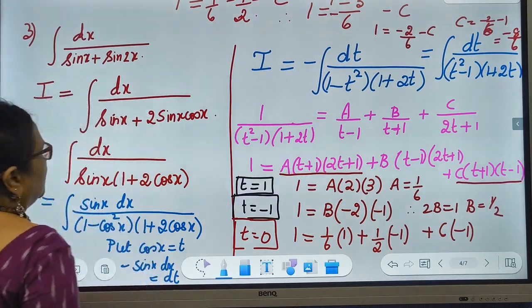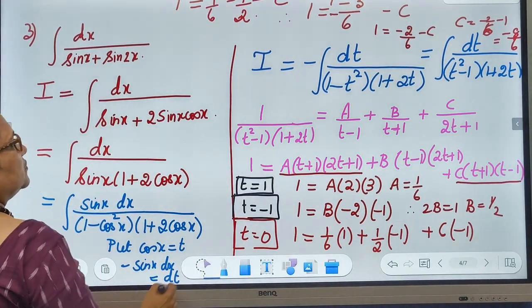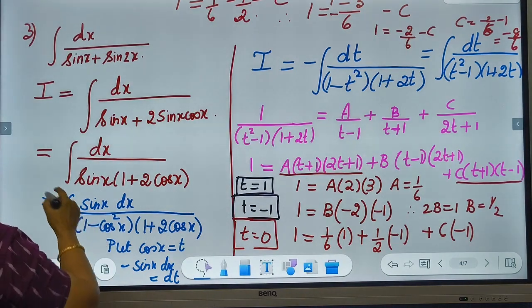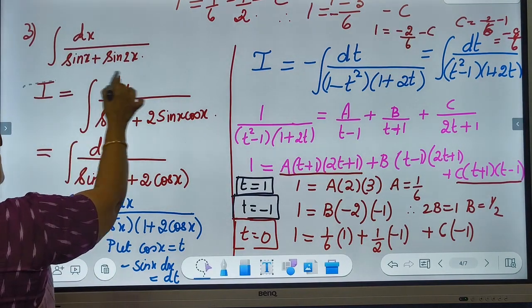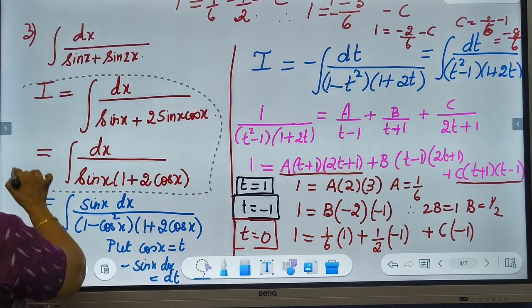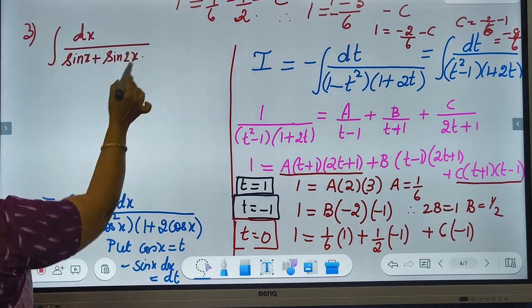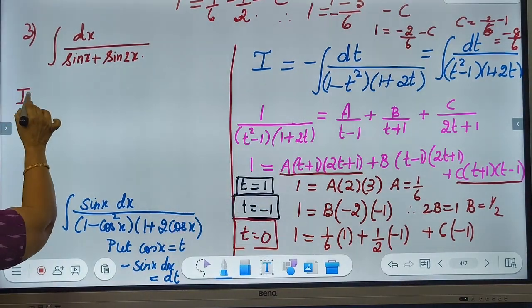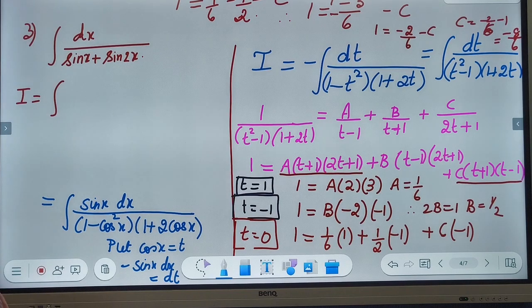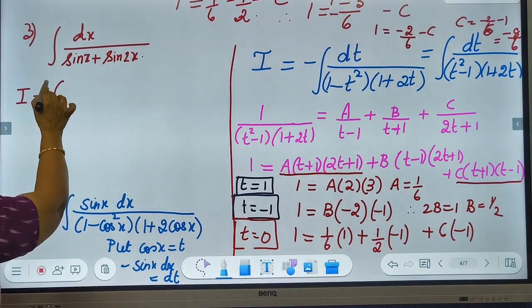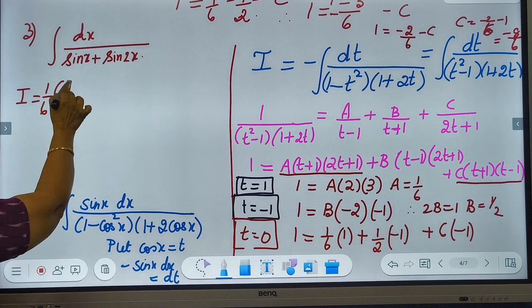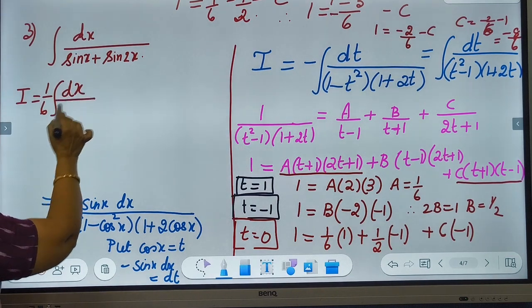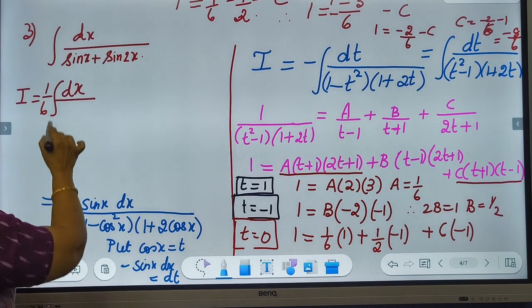So what will be the value of the integral? Now I will be equal to the integral of a by (t minus 1), 1 by 6, into dx. I'm going to substitute back for t. What is t? Cos x.